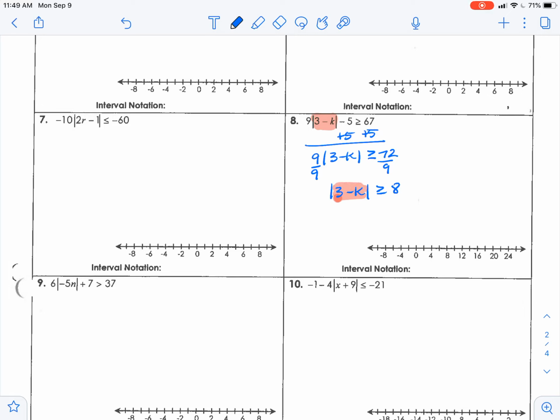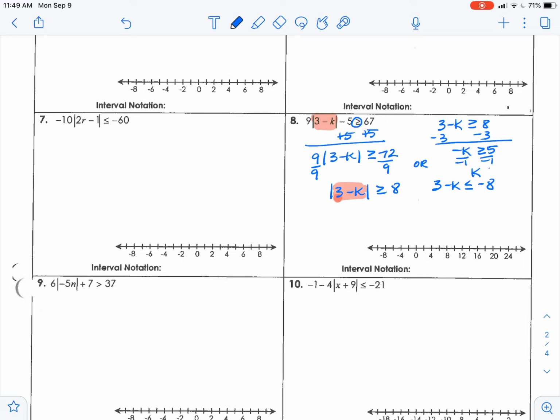Now I'm going to set up my two cases. I'm going to come over here to the side and do it because I was too big there. So my first one is the regular one. And this is a greater than, so this is an "or" problem. My other one would be 3 minus k is less than or equal to negative 8. So do put the "or" in there. This is 5, and then this is a negative k, so I'm going to divide by a negative.